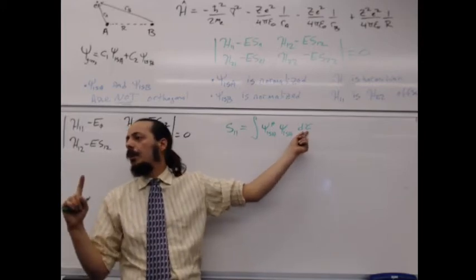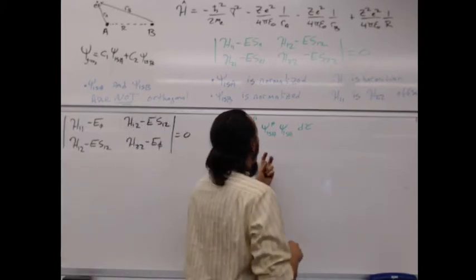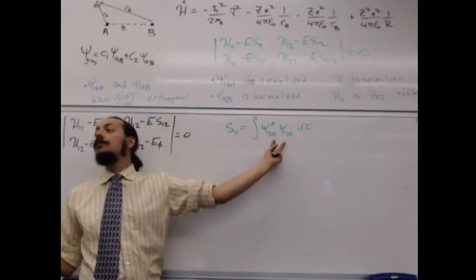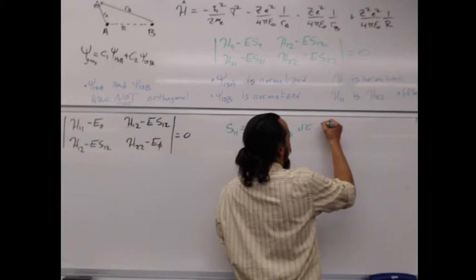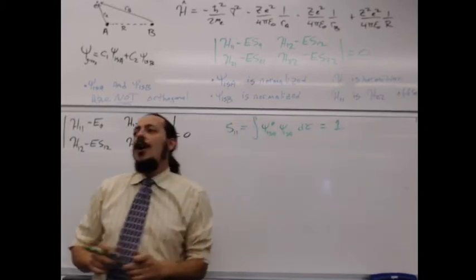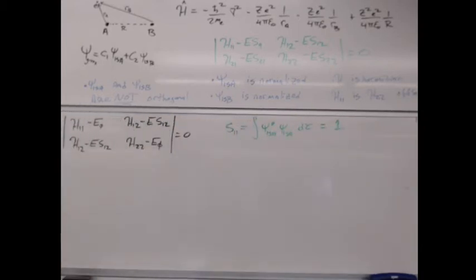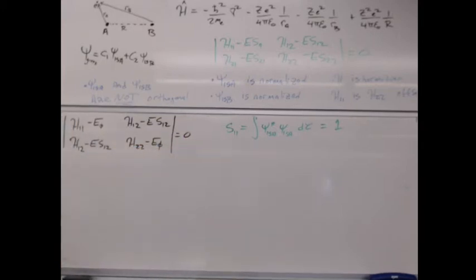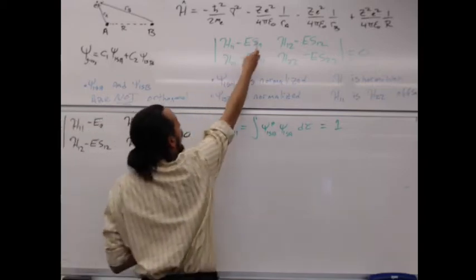There's only one set of coordinates for the electron. We're using the hydrogen-like wave functions, which are normalized. So we already know that integral without having to do it, because we picked a normalized basis set, a normalized set of functions for guessing. That integral is 1. So the S11 part is equal to 1.